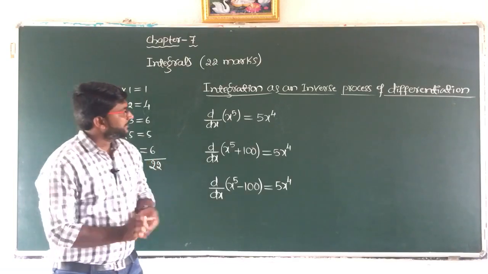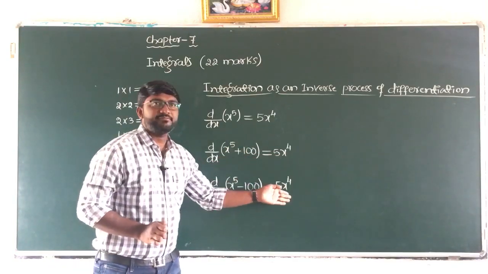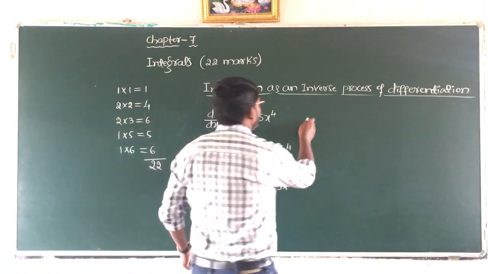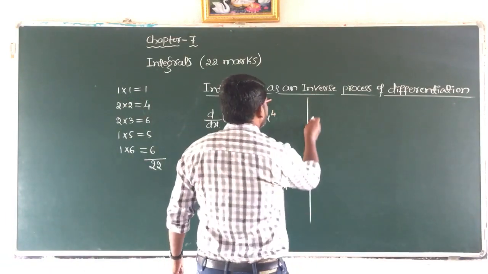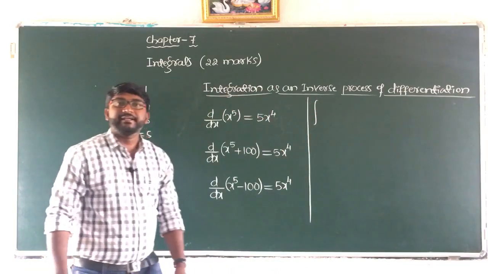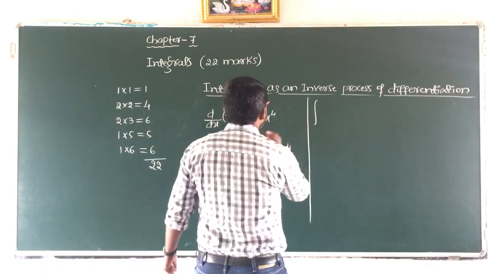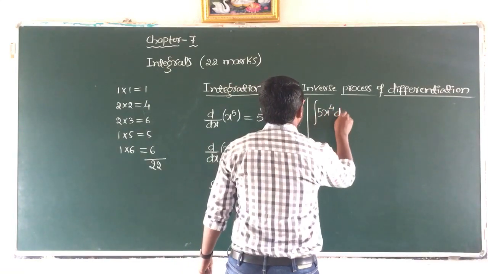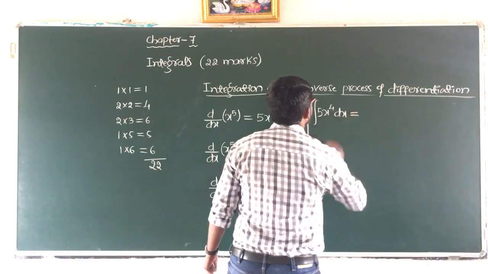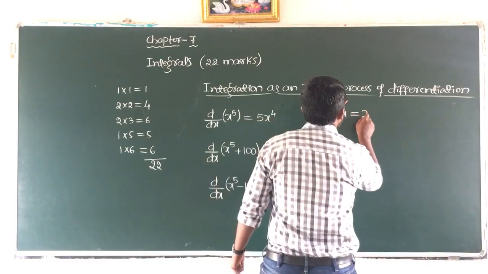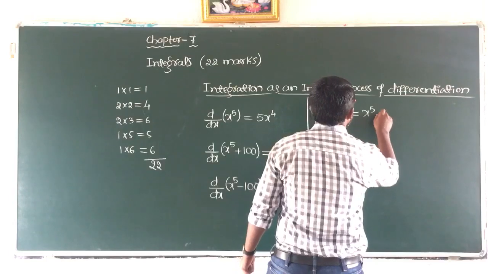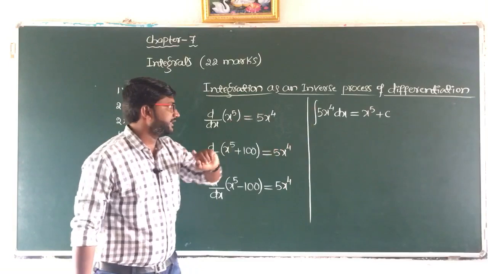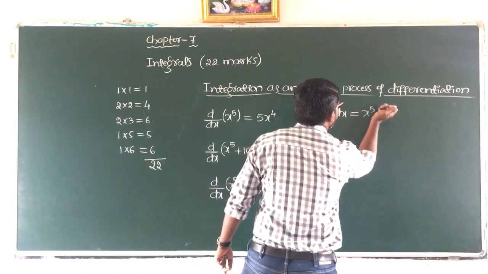Now if you integrate these three functions, we should get back these three functions. This is the symbol of integration. So integration of 5 x to the power 4 dx is equal to x to the power 5 plus c. I will tell you why I have written the plus c. For the time being I will write only x to the power 5.